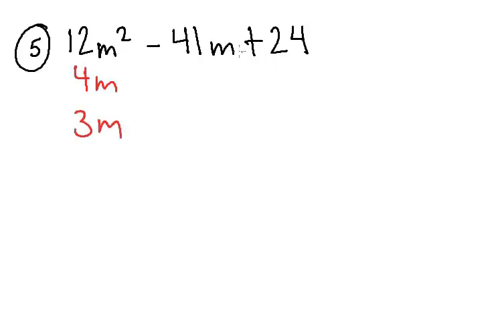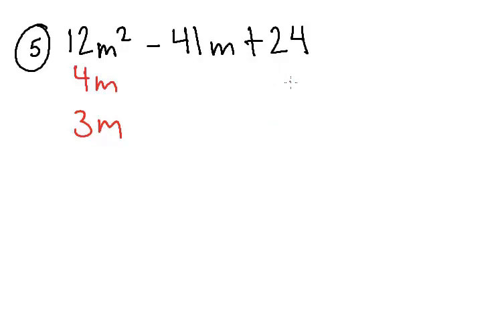Now, it's important to notice that the middle term is negative. So it doesn't matter which numbers you put, like let's say you put 6 and 4, if you multiply, you're going to get positives. How do you get a middle term answer of negative? Well, multiplying positives is not the only way to get a plus. You can multiply 2 negatives, and the double minus is going to give you a plus. So try doing that.